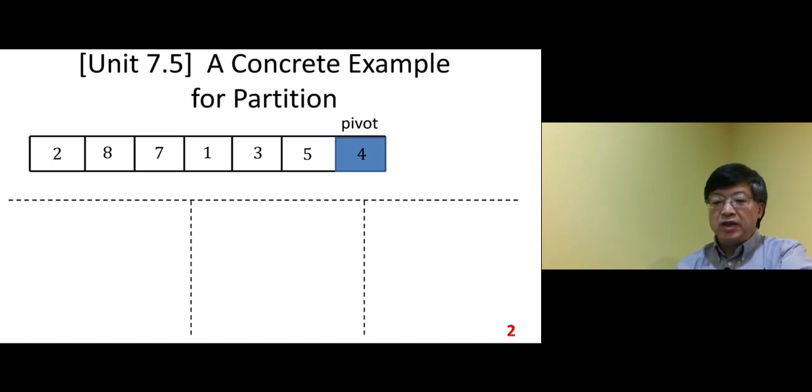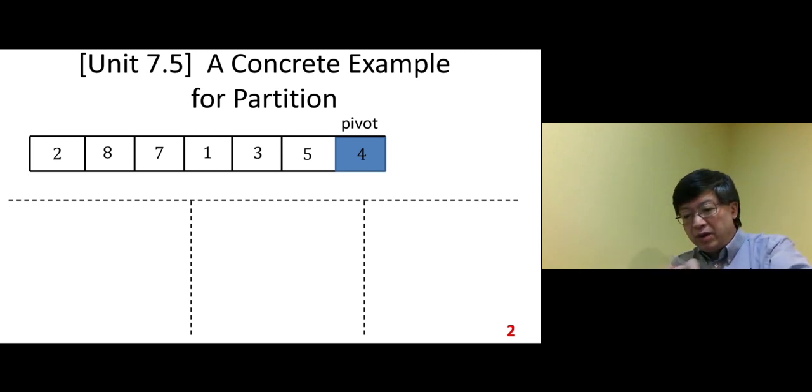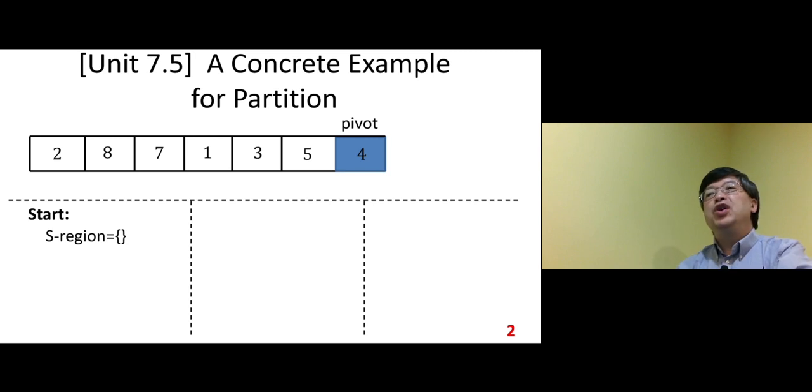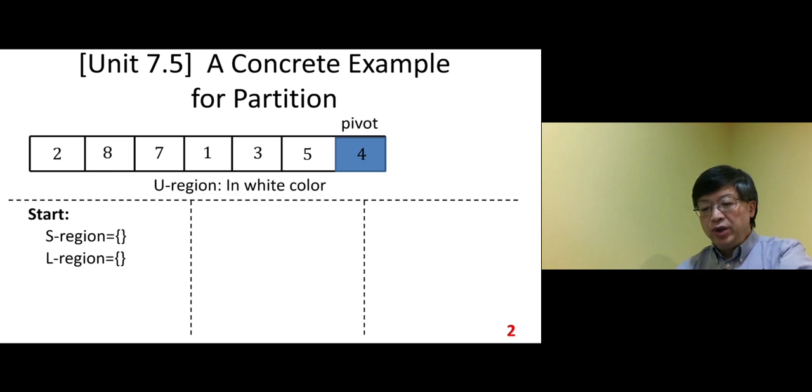So then, let's organize our data, our steps below. When we start, we initialize S region as an empty array, L region as another empty array, and U region, all the elements except the pivot, in white color.